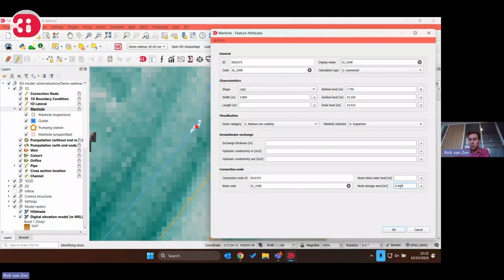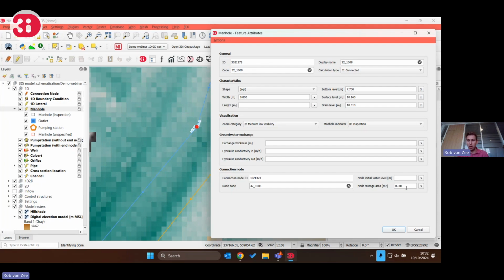So the higher this value, the more storage is in your manhole. What's also important about this value is it's not only the amount of storage, but it's also the area that water can flow in or out of this manhole. So when you have a lot of water flowing over here, but you have, for example, a storage area which is very small, like this, then the water can only flow through this small area into your sewage system.